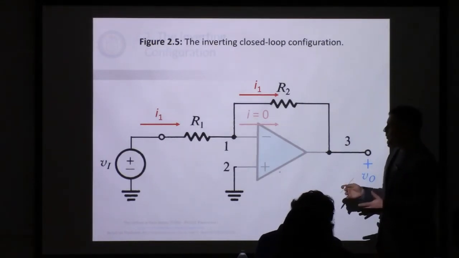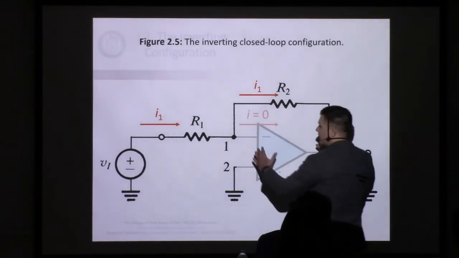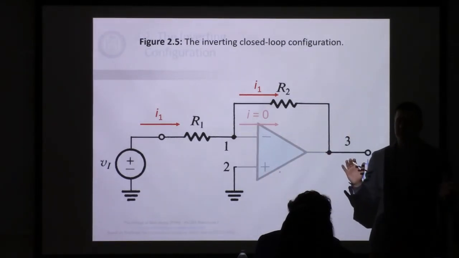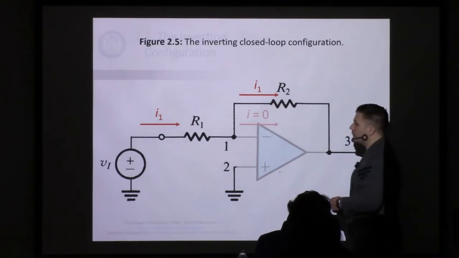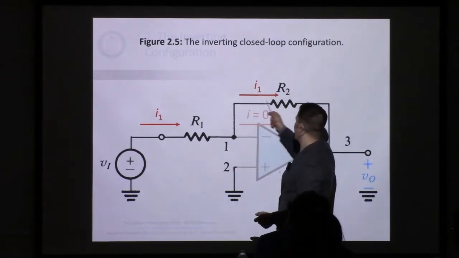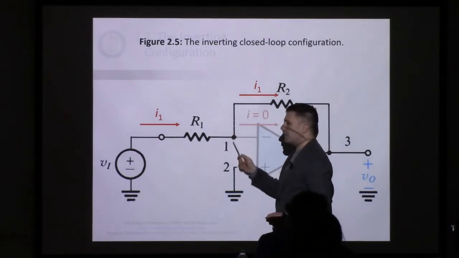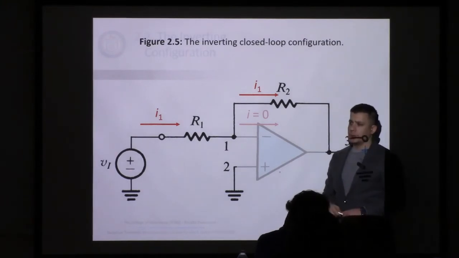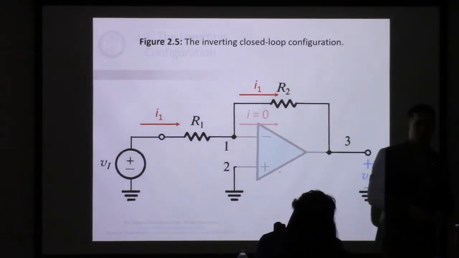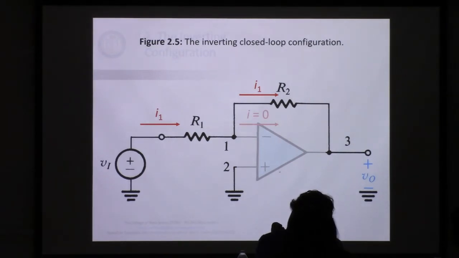Once we make those two changes, you can see the op-amp no longer has an effect on what's going on in the circuit. We can derive the gain by simply looking at this path right here with the knowledge that V1 is equal to 0. So this now is what we have to solve. And in order to solve that, we'll apply KVL.